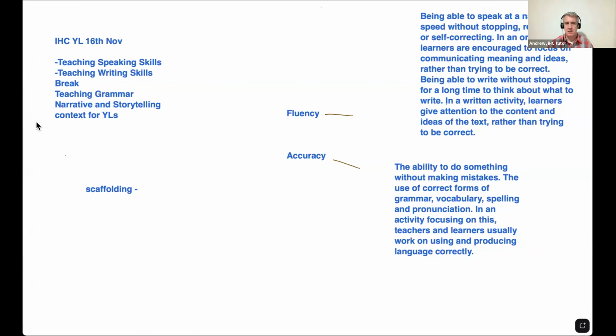But we can use that metaphor and apply it to learning, can't we? So it's metaphorical. Now, an American educationalist called Bruner, in 1976, coined this phrase, scaffolding.